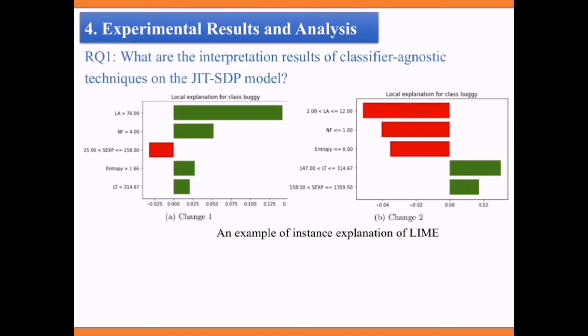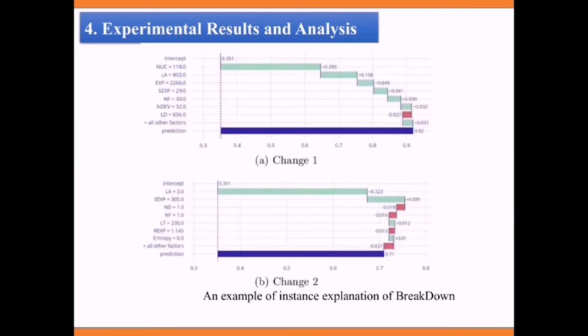For change 2, the conditions LT and SEXP are the main factors for change 2 to be predicted as buggy. In the remaining 29% probability, the condition LA is the most important factor for change 2 to have a clean probability.